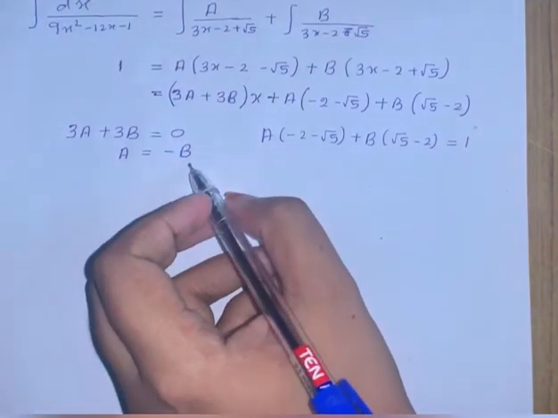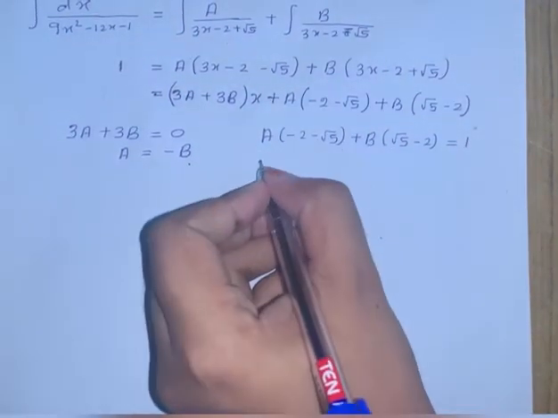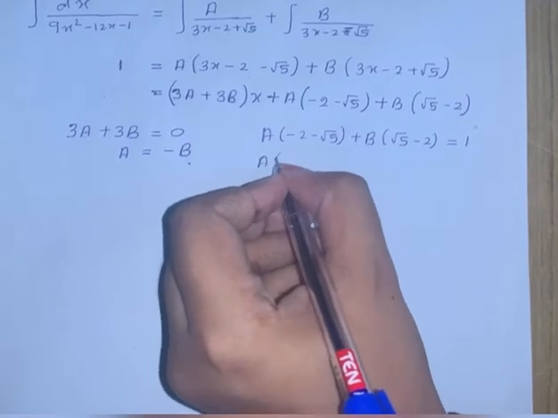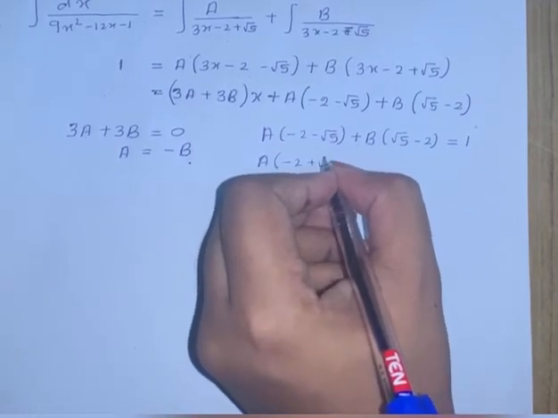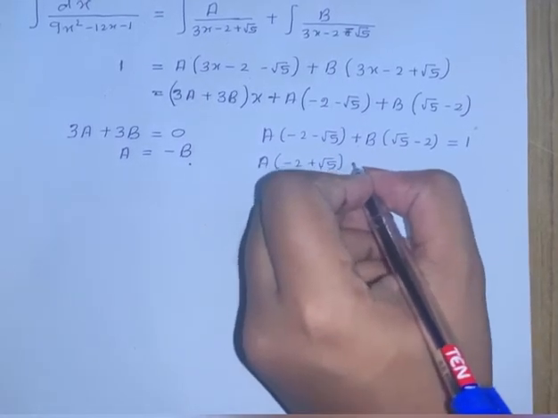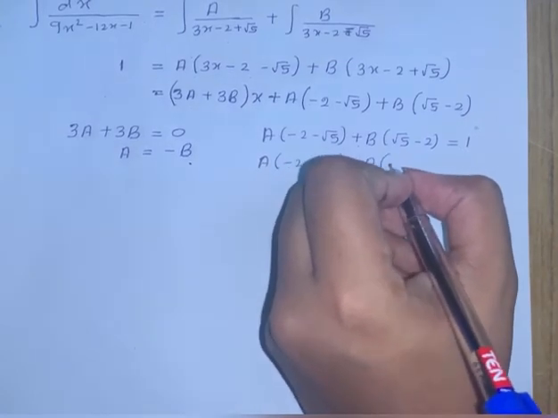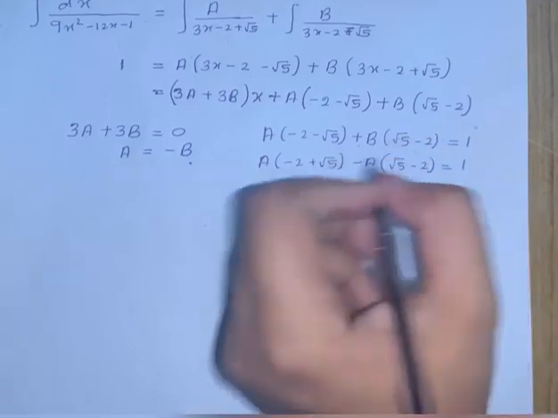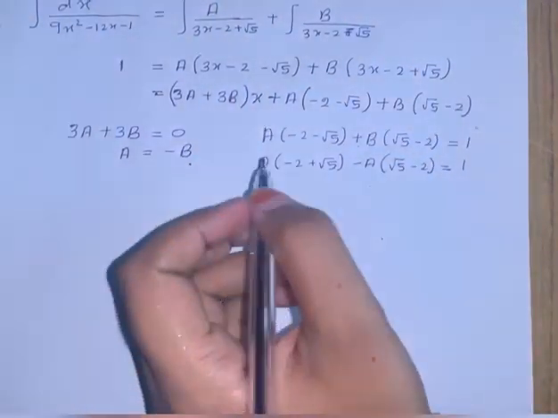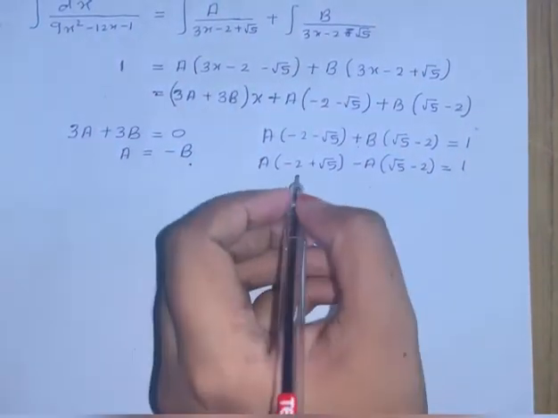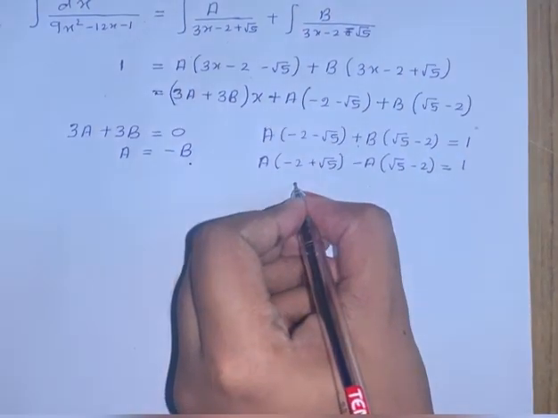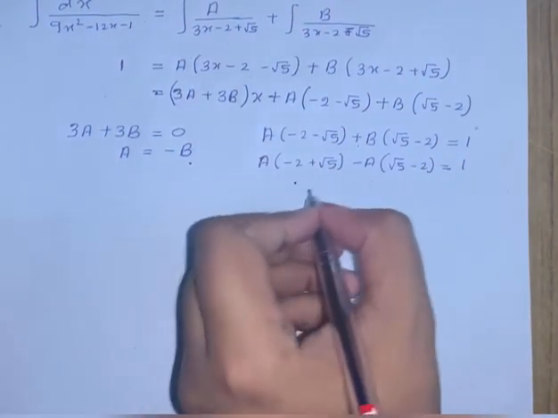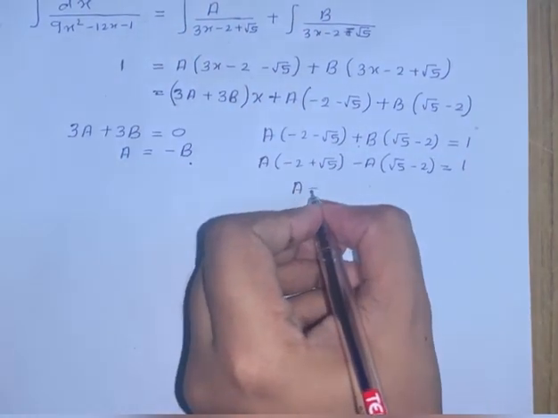So if we know that a is equal to minus b, so b is equal to minus a. So we can rewrite them as we know. So if we rewrite them and if we solve them, if you solve it, you will get minus 2a plus 2a.